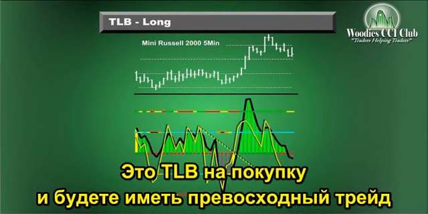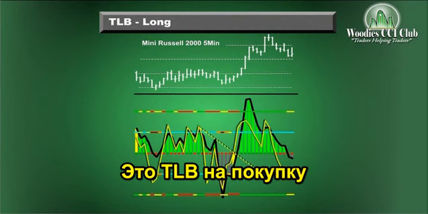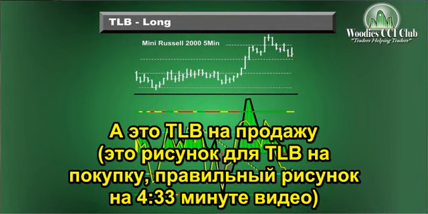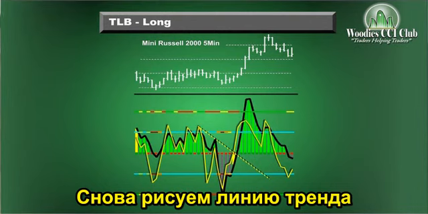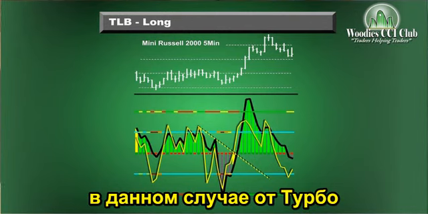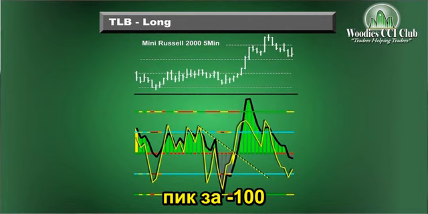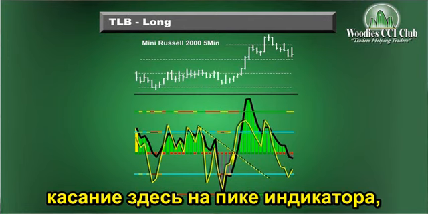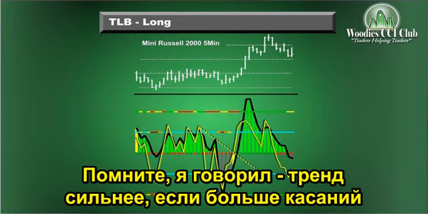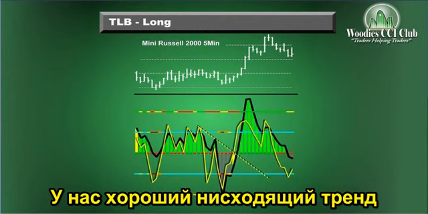So that's a trend line break long, and this is a trend line break short. Again, we draw our trend line in this case from a turbo at -200. Got a touch here on another turbo, a touch here. Remember I said the stronger the number of touches on the trend line, the better off the trade.